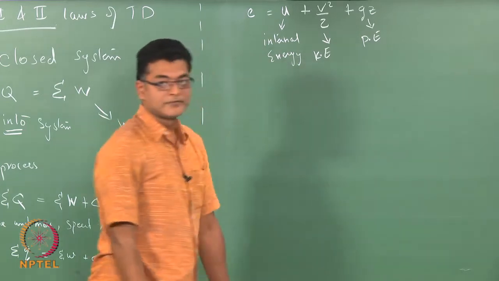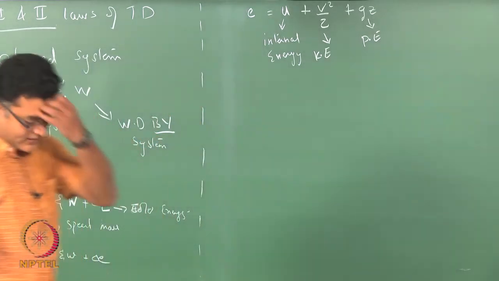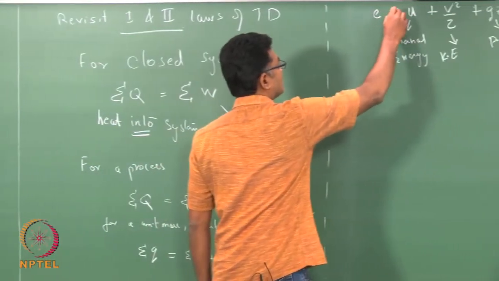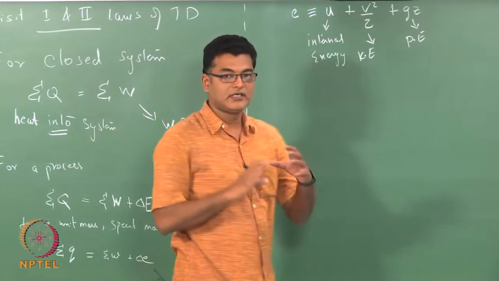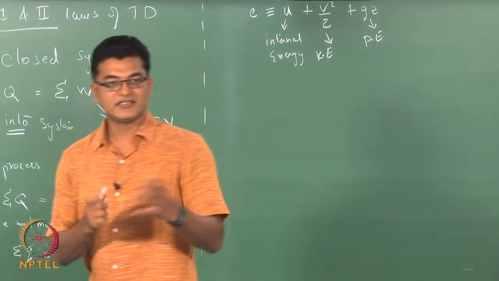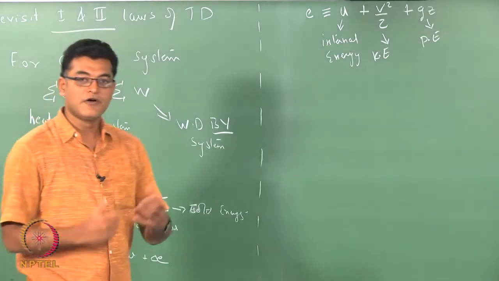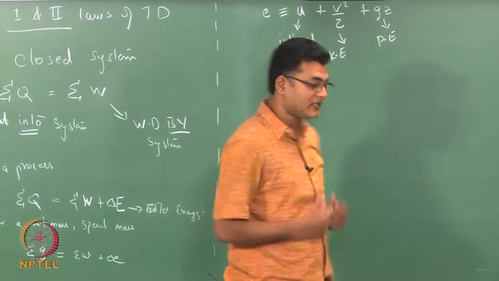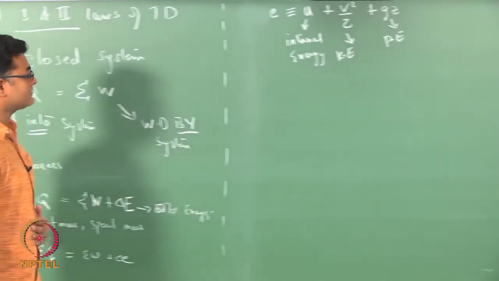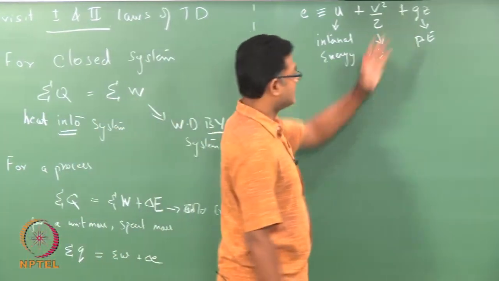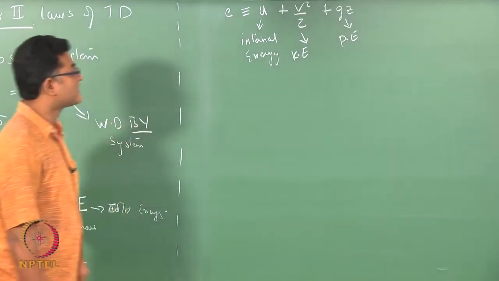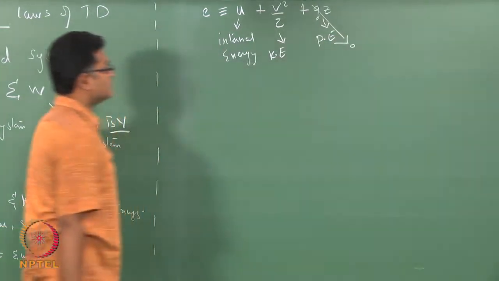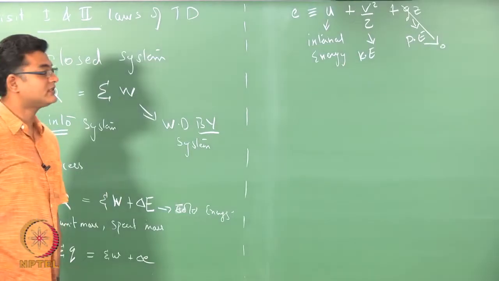Internal energy is due to the molecular rotation, vibration and translations and other things of the fluid particles. This is due to the kinetic energy or the motion of the gas, and this is due to the potential of the gas. So, we will assume this to be 0 for the course at least.